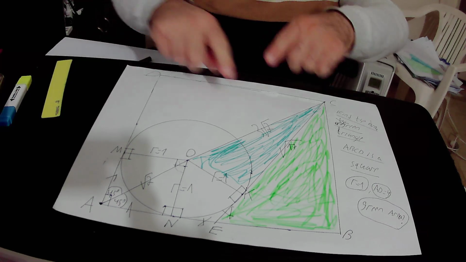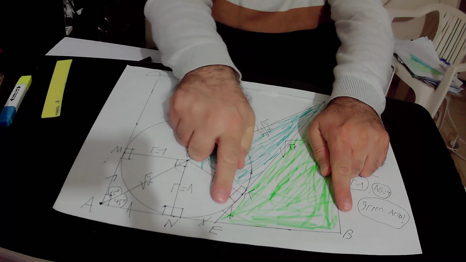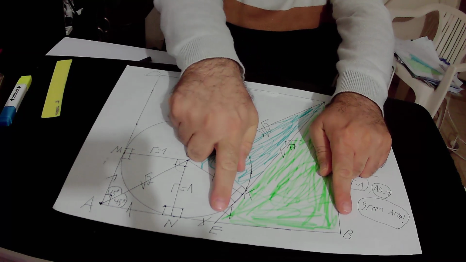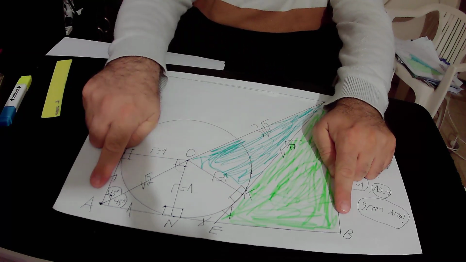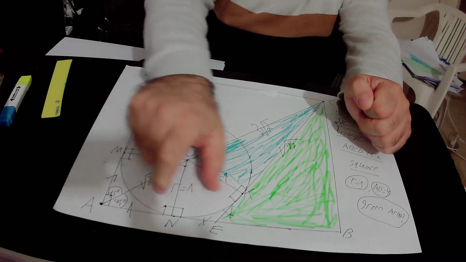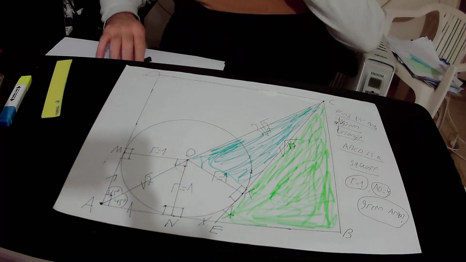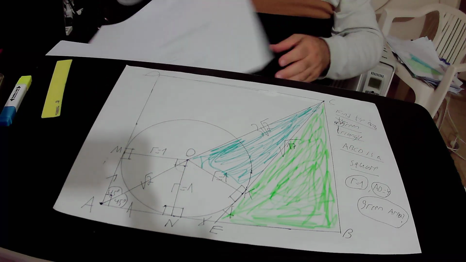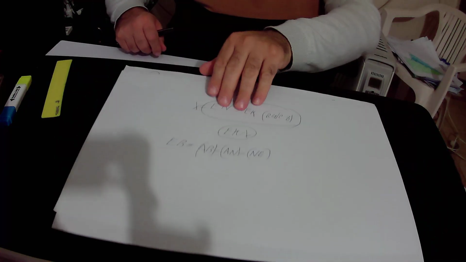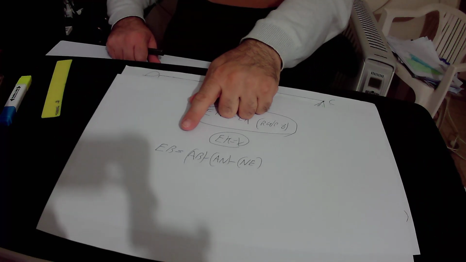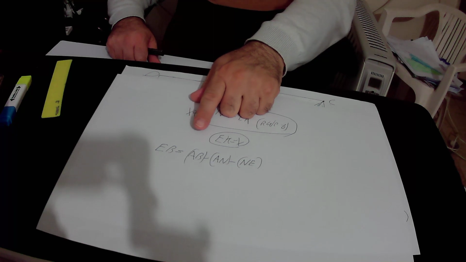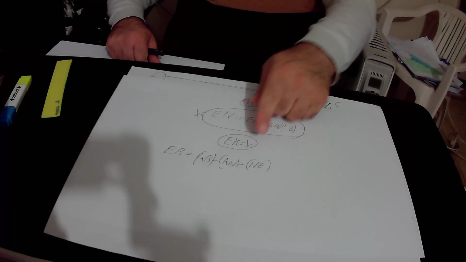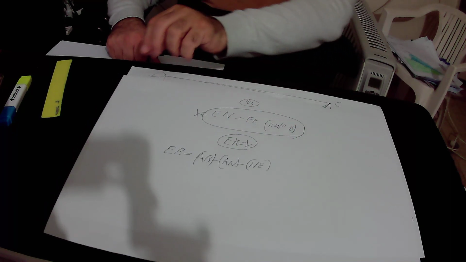I'll repeat again. BE equals AB minus AN minus NE. Very simple. I'll repeat again. Side EB equals AB minus AN minus NE.